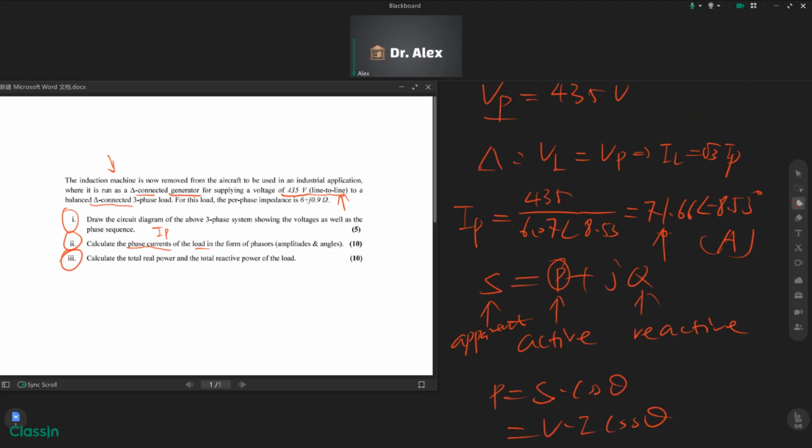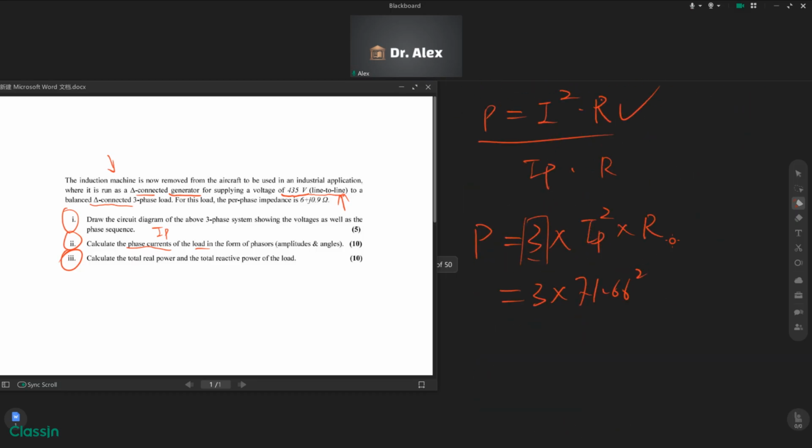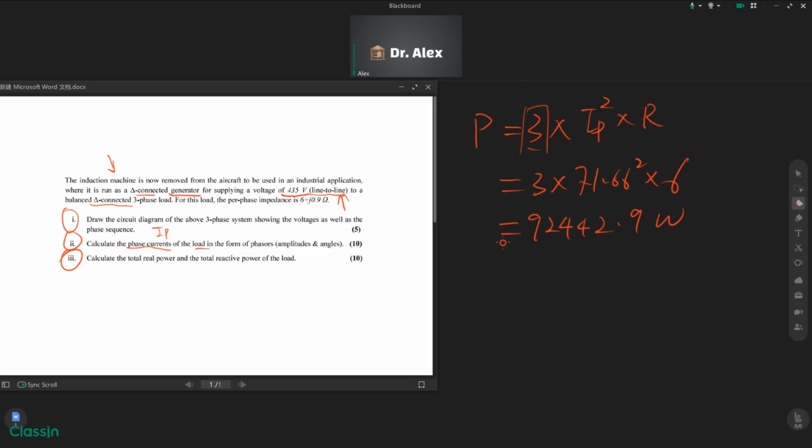This is the phase current we just calculated; we just need its value, not its angle. The real part of the impedance, which is the resistance of the load, is 6. So the final answer is 92,442.9 watts.